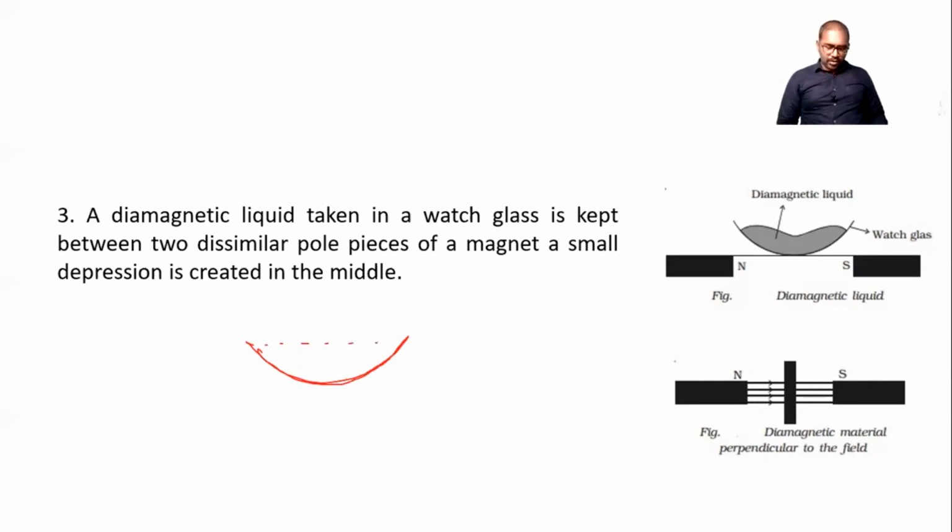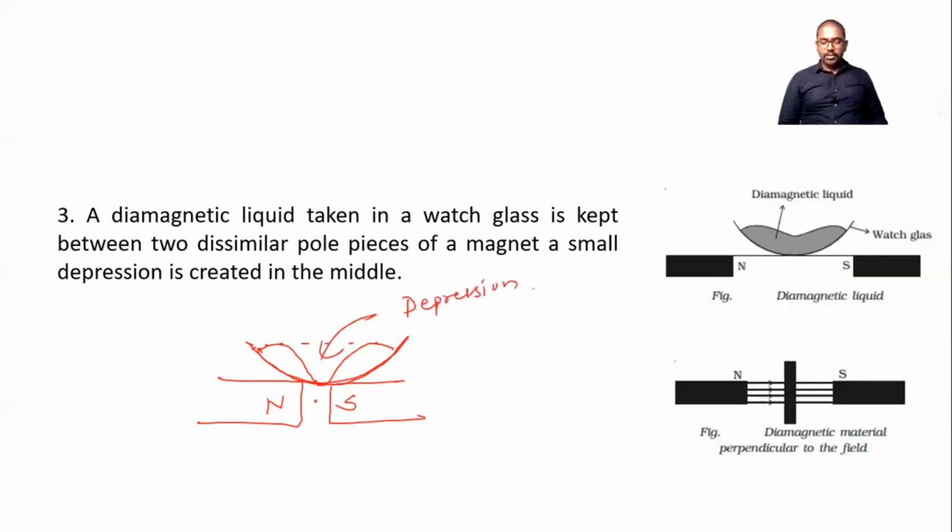When such a watch glass is placed on two dissimilar poles, this is N pole and this is S pole, then this liquid is weakly repelled by the magnetic field, and magnetic field is strong between these two poles. So in the central part, whatever liquid is present is repelled more. So in the center, we get depression. So depression in the middle is also a property.